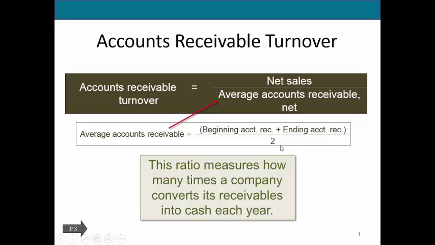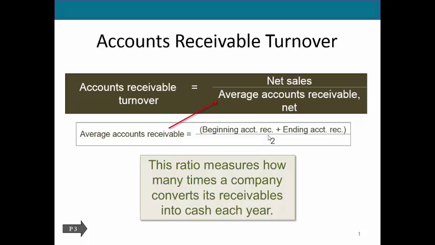Now this is just a little caveat. Sometimes you may not have the beginning accounts receivable number, but instead you have last year's ending accounts receivable number. Think about this. On December 31st, 2014, that was last year's ending accounts receivable.